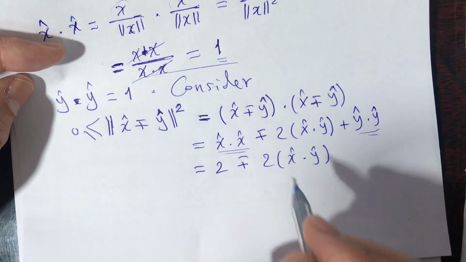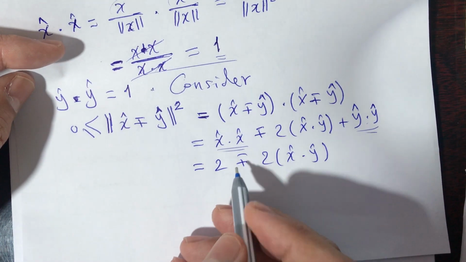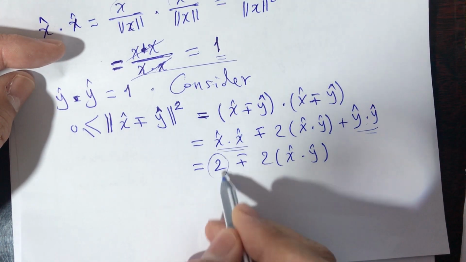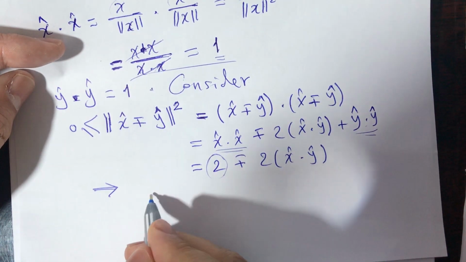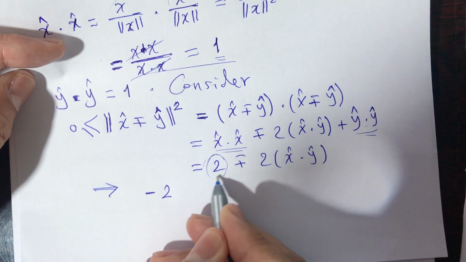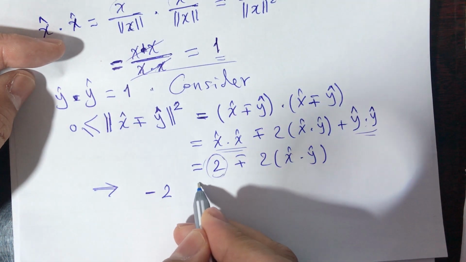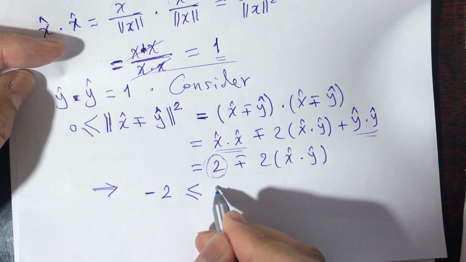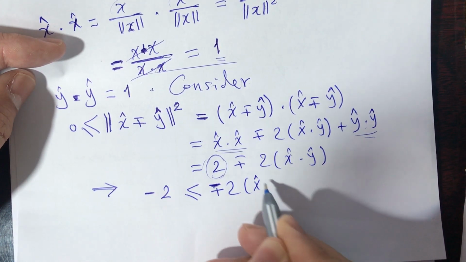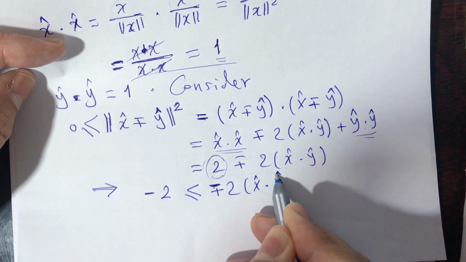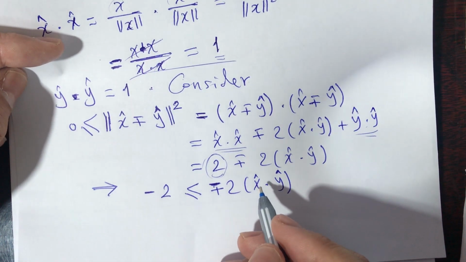Which implies, if I move this 2 here, we get minus 2 less than or equal to plus or minus 2 x hat dot y hat.